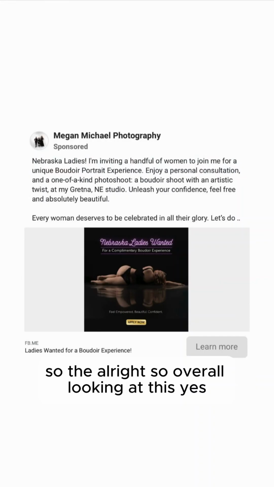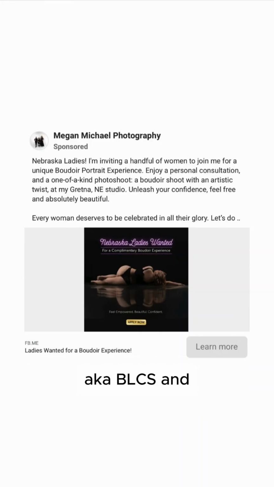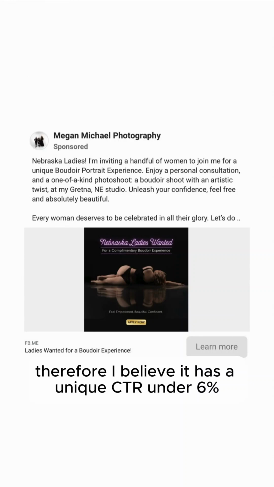All right, so overall looking at this, yes, I do believe this has Boudoir low click syndrome, aka BLCS, and therefore I believe it has a unique CTRL under 6%.